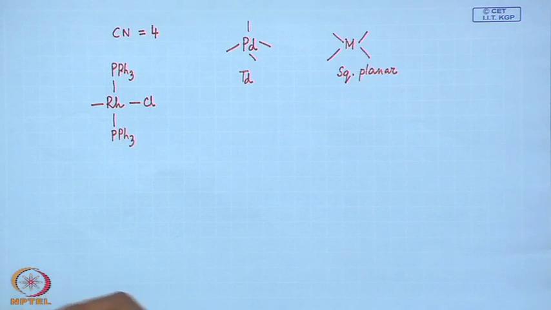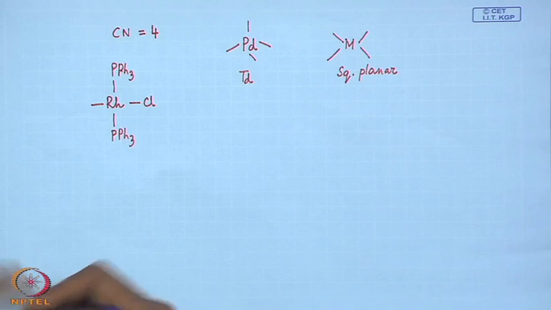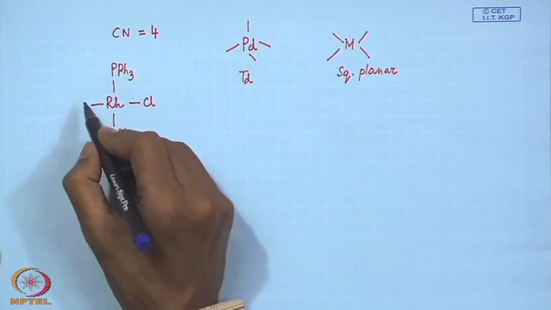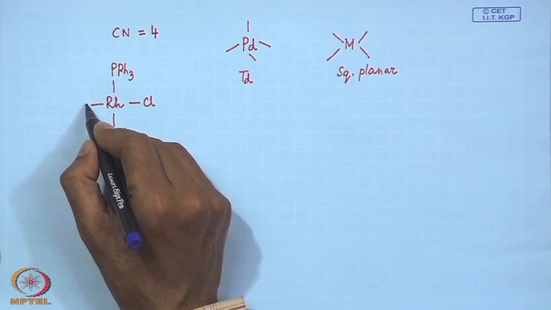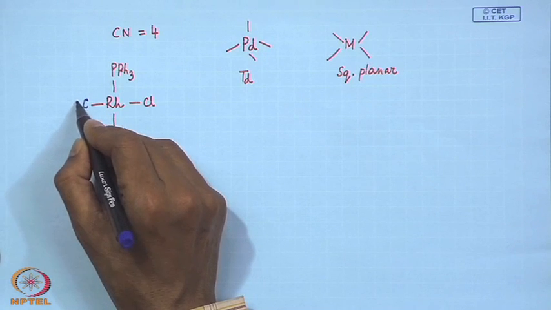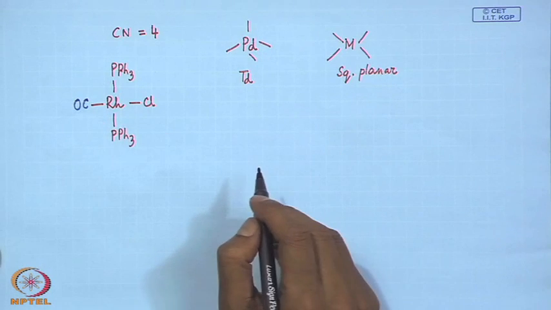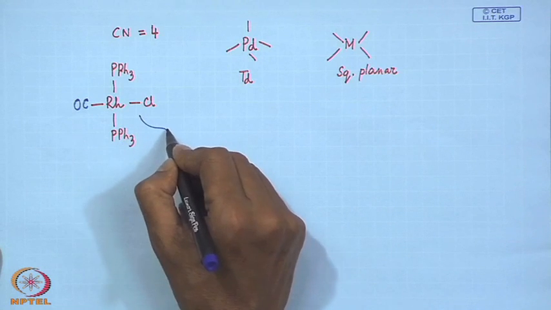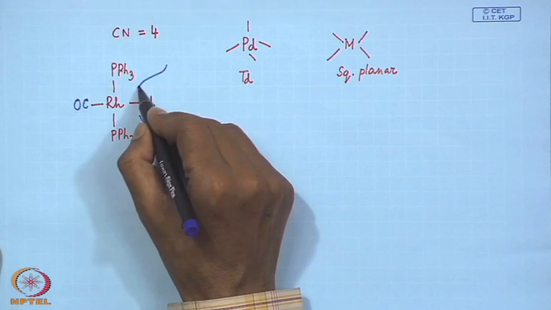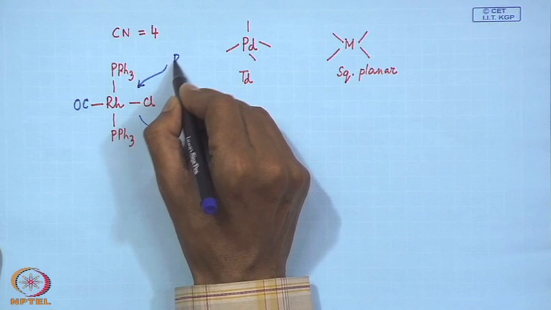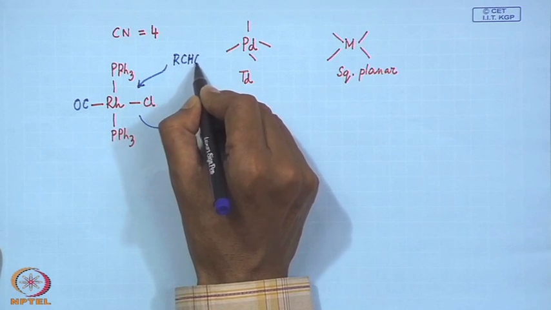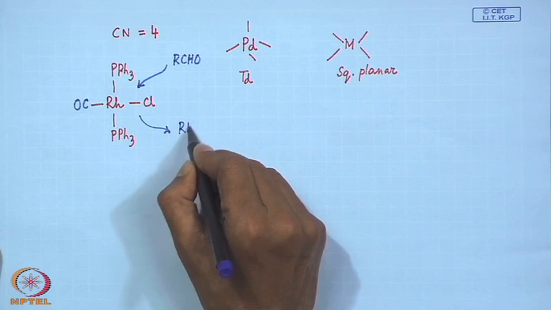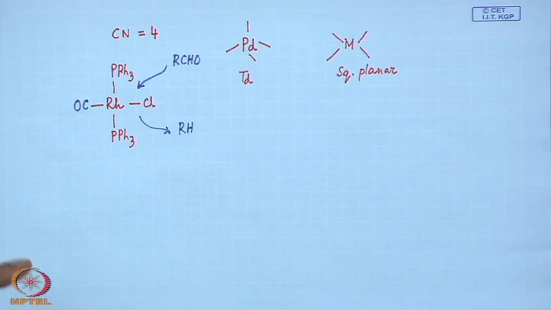What was present at the trans position was also occupied by another phosphine molecule, but during the reaction with any aldehyde, it can be benzaldehyde also, RCHO is entering the medium and the corresponding hydrocarbon is being removed.